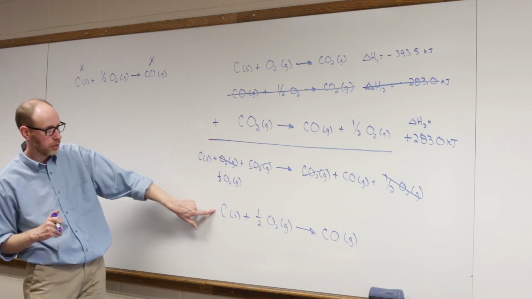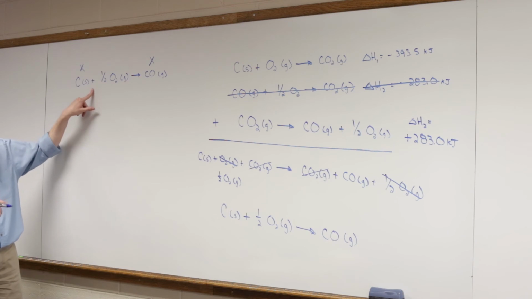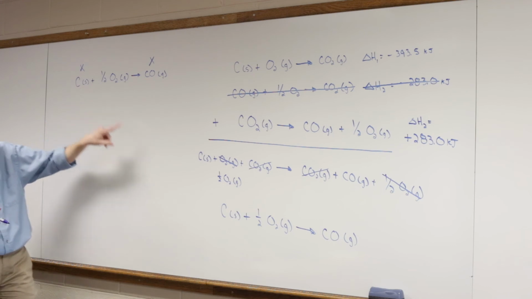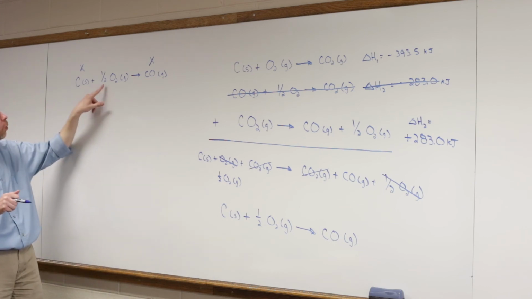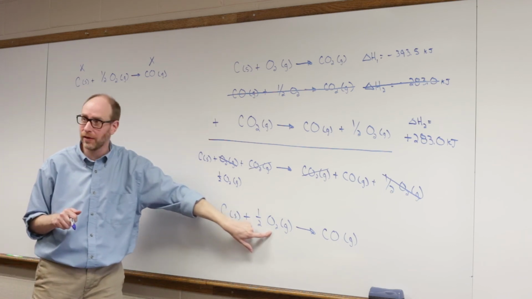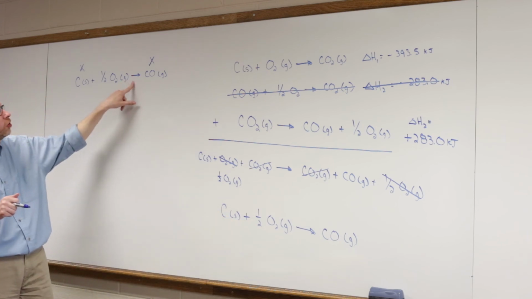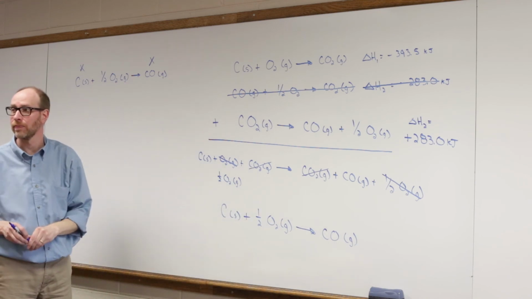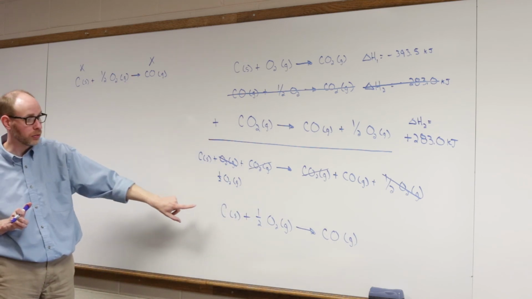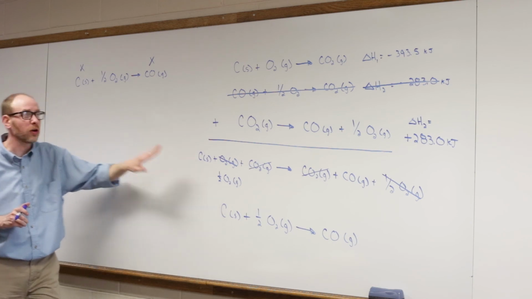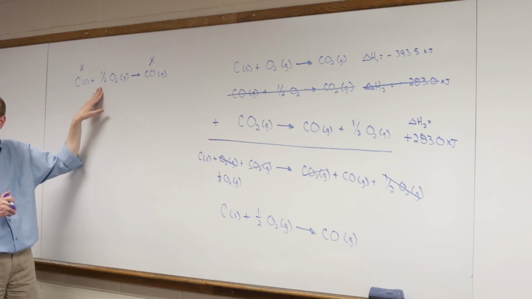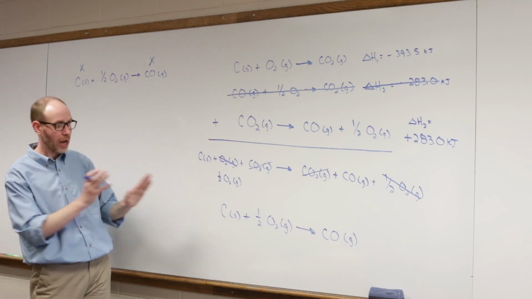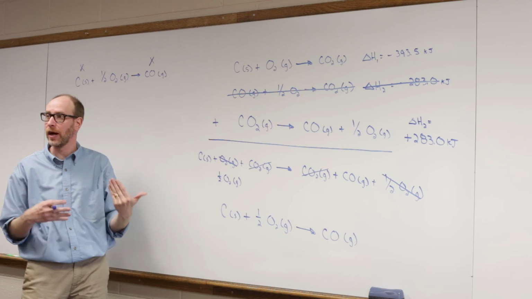Compare this to what we started with up here, what we wanted to find the enthalpy of: carbon as a solid plus 1/2 oxygen goes to carbon monoxide as a gas. That's how you know you've done the problem correctly. This equation works out to be exactly the one that you want it to be, so you have solved the problem correctly. Now notice, we're not asked just to get this equation though, we're asked to find the enthalpy.